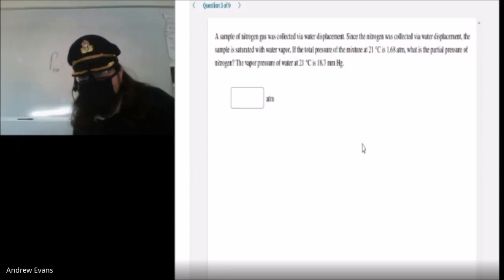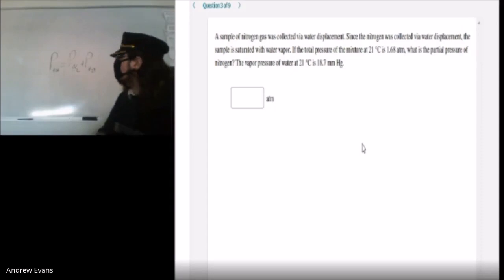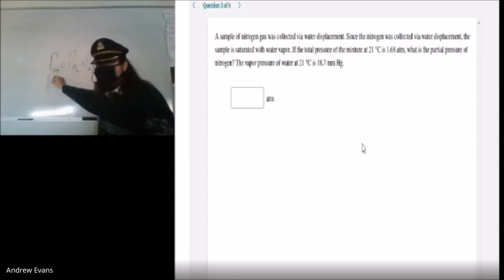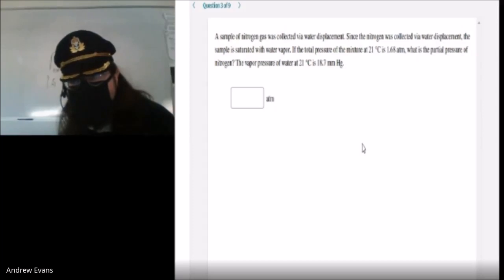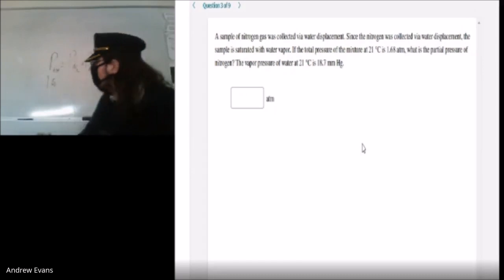If the total pressure of the mixture at 21 degrees C is 1.68, what is the partial pressure of nitrogen? And they give us the vapor pressure of water at 21 degrees C is 18.7 millimeters of mercury.